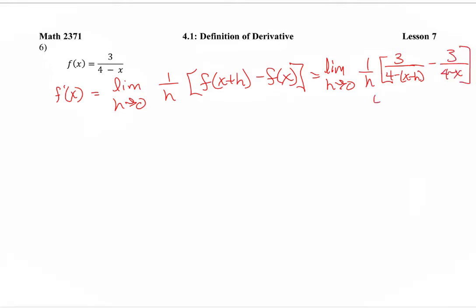So again, we're going to find our LCD, which is going to be 4 minus x times 4 minus x plus h. So here, in this first one, we're going to multiply by 4 minus x, and here we're going to multiply by 4 minus x plus h.